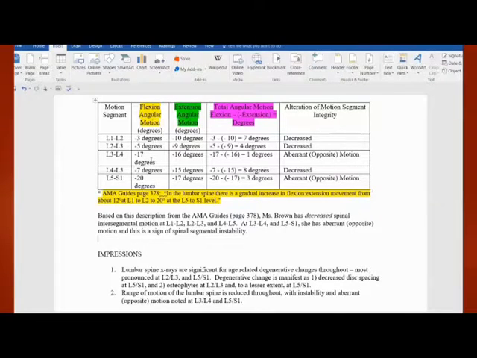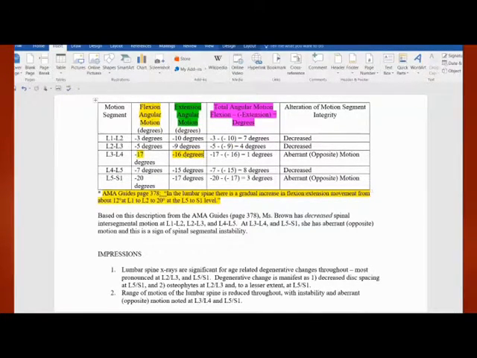Now, we would expect that as the spine goes from the extreme of flexion to the extreme of extension, the negative lordosis angle of minus 17 degrees here, this is a negative lordosis angle, we would expect that to become increasingly negative as the L3 and L4 vertebrae go into greater positions of extension. Well, our extension angular motion measurement ends up at minus 16 degrees.